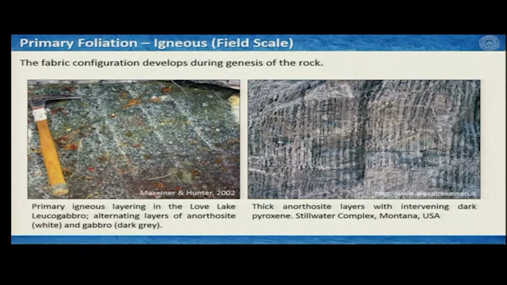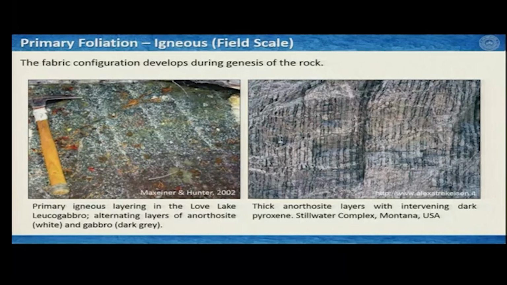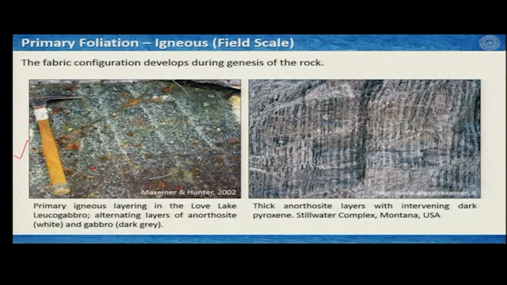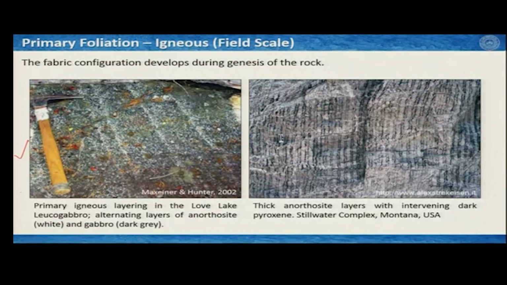Here you see two images. This is primary igneous foliation at field scale. The first image here is a leucogabbro. This field photograph reveals alternating layers of anorthosite and gabbro.